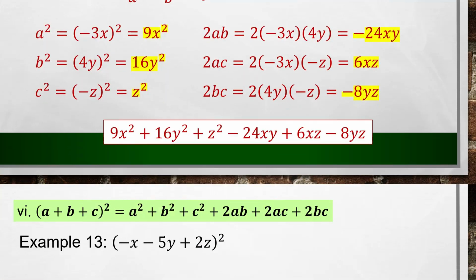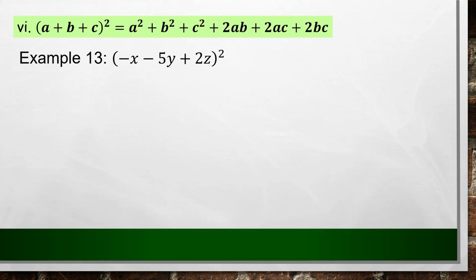All right, let's go to the last example. We have negative x, negative 5y, and plus 2z. So if you want to try this one, my advice is pause the video and then answer this, and then play it again to see if your answer is right or wrong. Okay, let's answer this. We have a, b, and c.